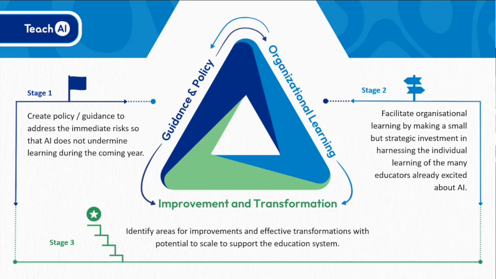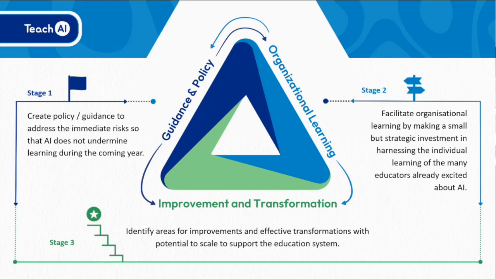And they've come up with a three-step process and some guiding principles for us as schools to consider. So this here then is the three-step process designed to integrate artificial intelligence into a learning environment effectively and ethically. So in stage one, the focus should be on creating robust policy and guidelines.